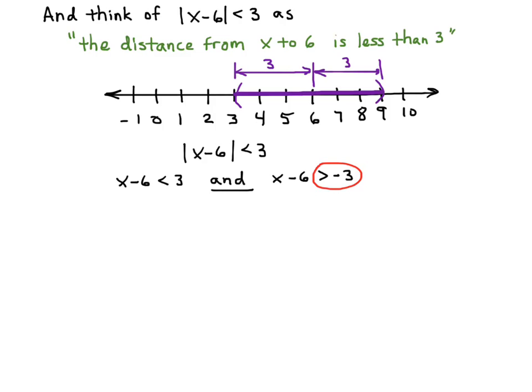So I have x minus 6 is less than 3, and you just have to remember, okay, and then you change the direction of the inequality and you make the right side negative, and you get x is less than 9 and x is greater than 3. So you can write this as 3 is less than x, which is less than 9. Okay, and that's what we have. So we're within a certain value, within a centered value.